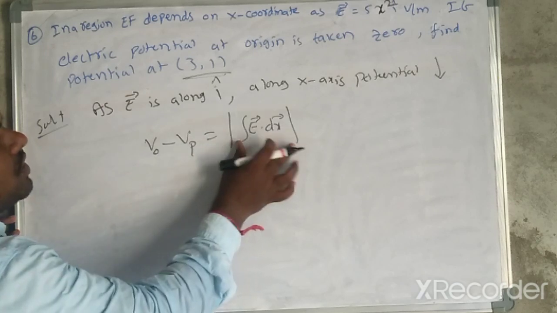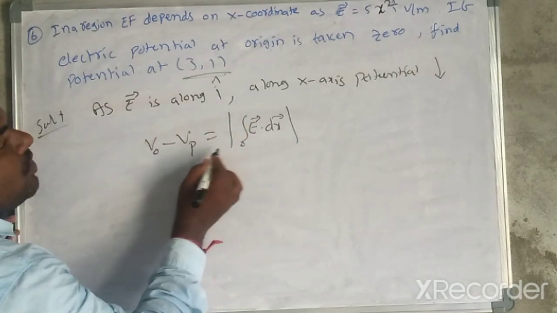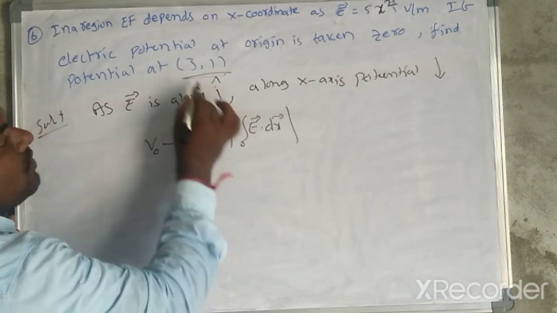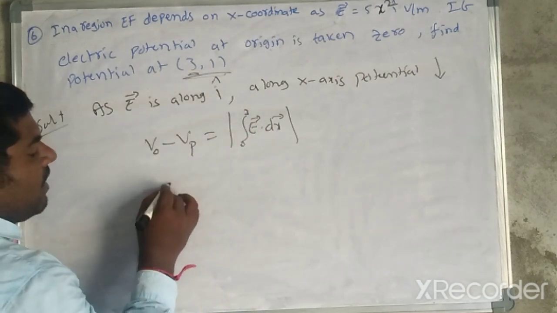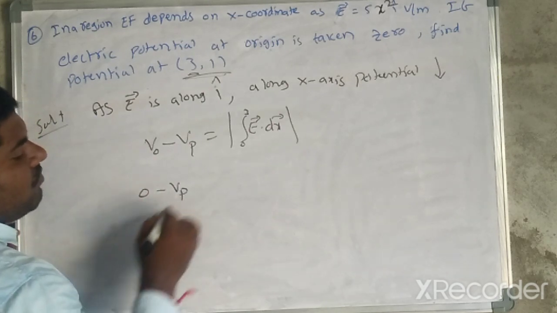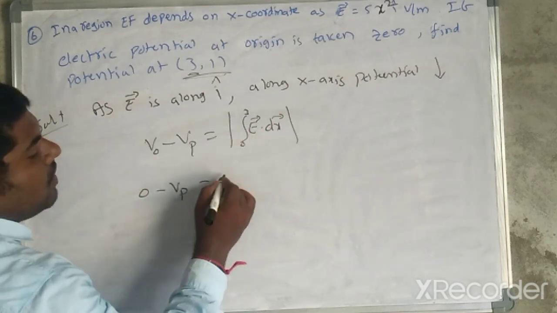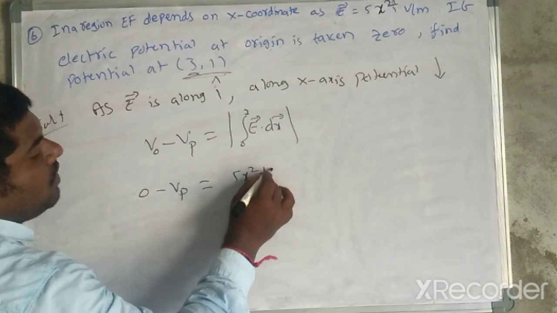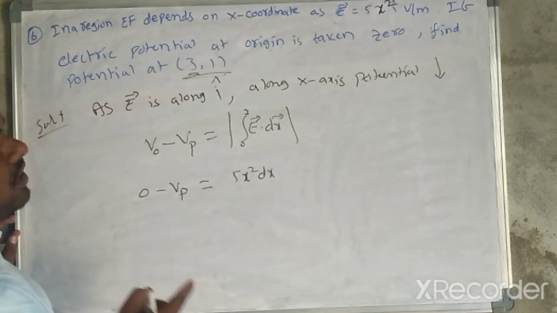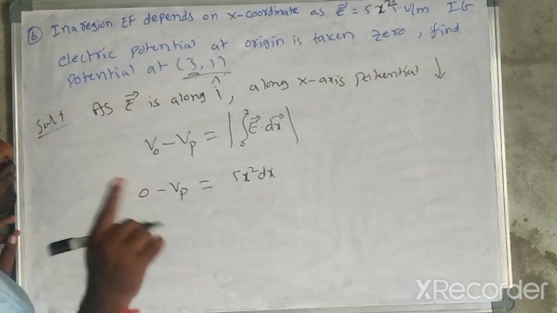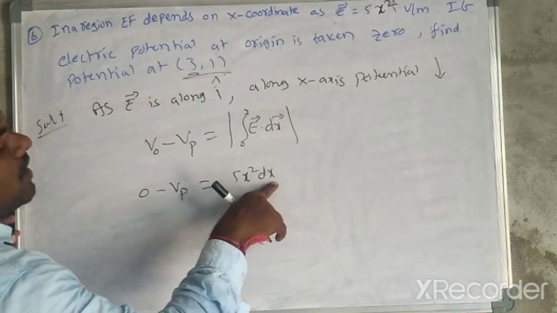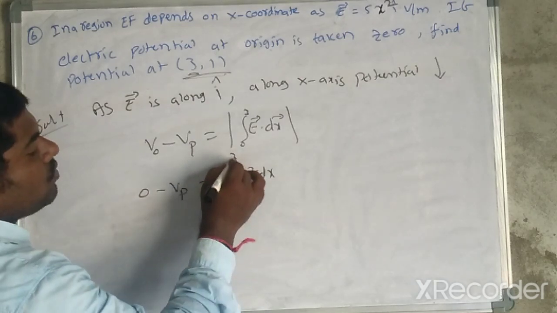Integral limits: the origin is 0, along the x-axis here 3, so limits 0 to 3. So 0 minus Vp is equal to the integral of 5x square dx. E dot dx is E dx cos theta, theta is 0, so cos 0 is 1. So 5x square dx, integral limits 0 to 3.